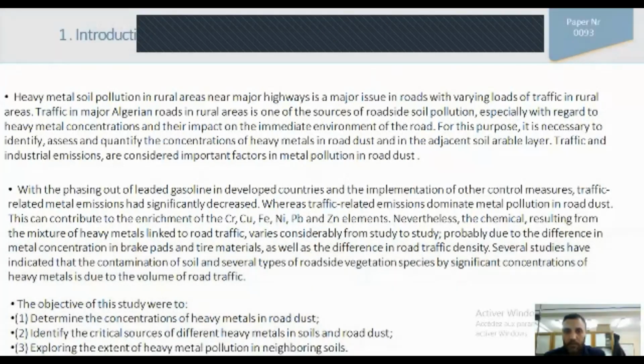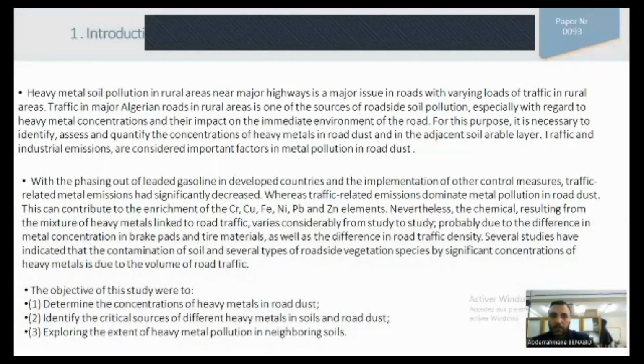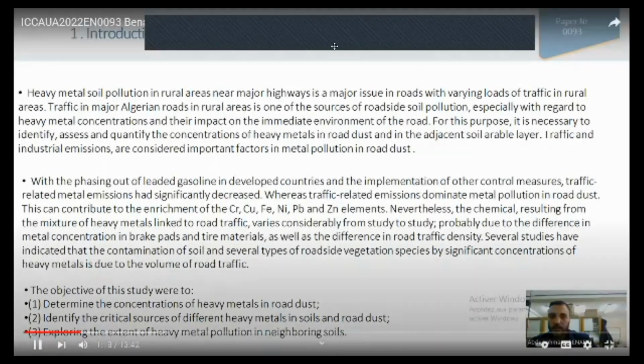For this purpose, it is necessary to identify and assess the soil arable layer. Traffic and industrial emissions are considered important factors in metal pollution in road dust.